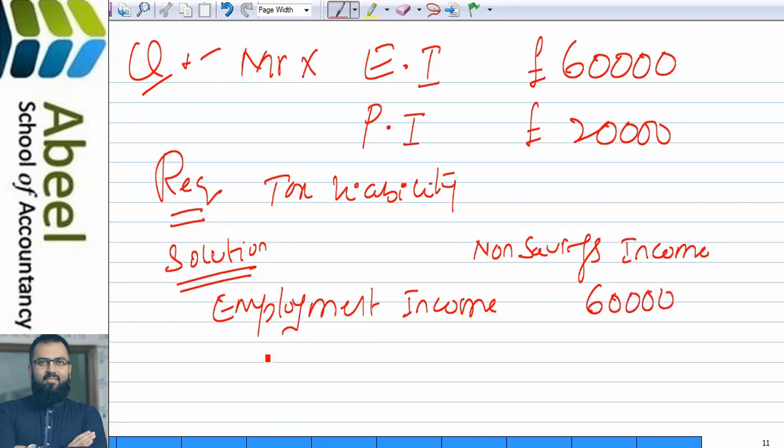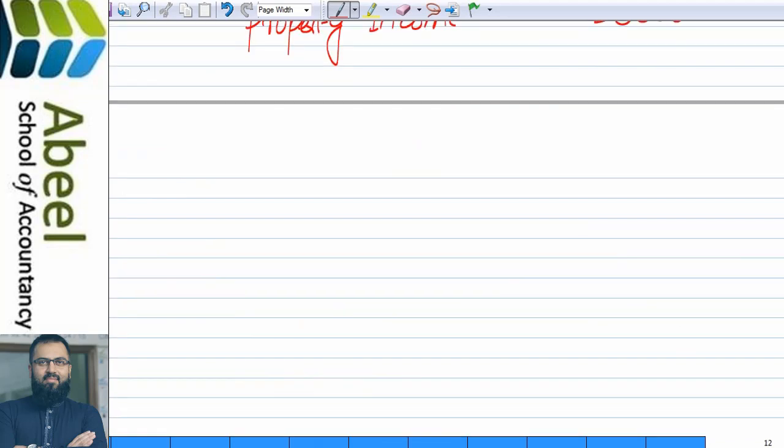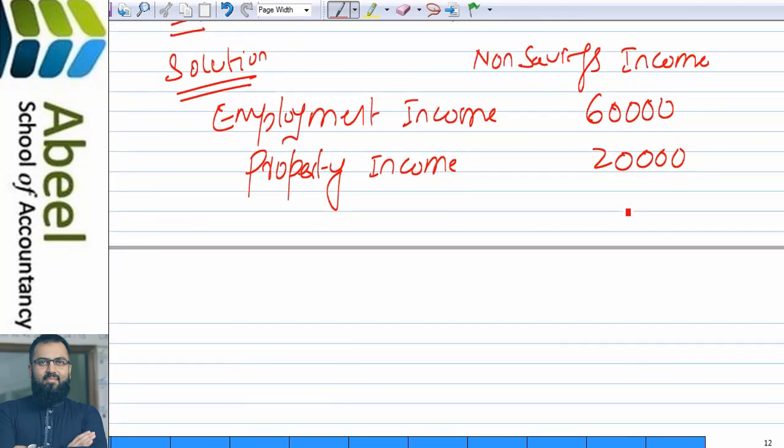After that, property income is also a part of non-saving income. 20,000. If we add both of them, 60 and 20, we'll get 80,000. That is total income.